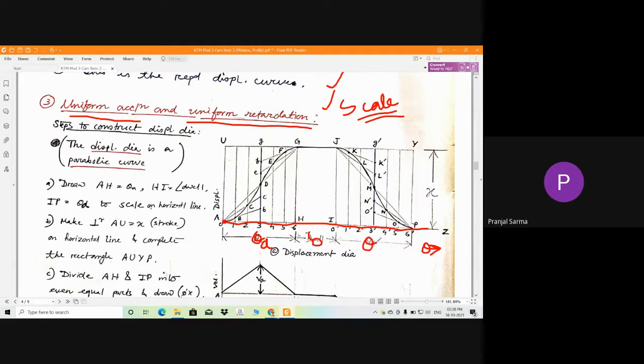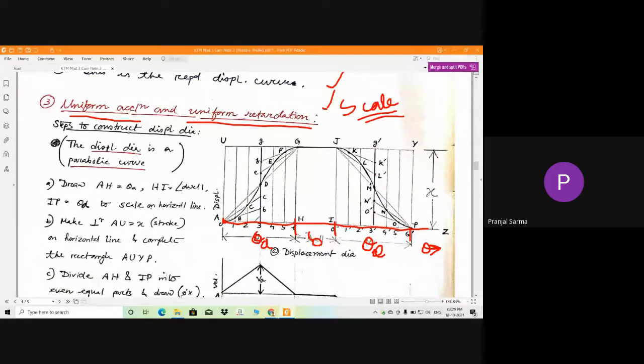Similarly, theta B. Okay, so now from here it has started, and from here we have the benchmark theta A and theta B, as per the scale.